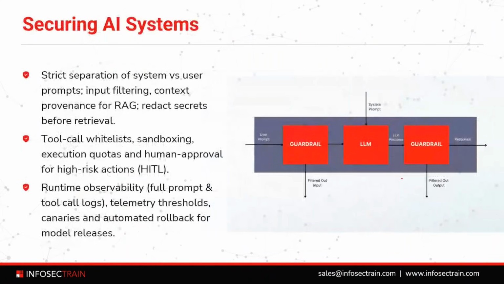Okay, now for securing these AI systems, you have something called guardrails, right? So either you can create your own guardrail, or you can use guardrails from these sources, like Hugging Face also, right? I'll just show it to you.